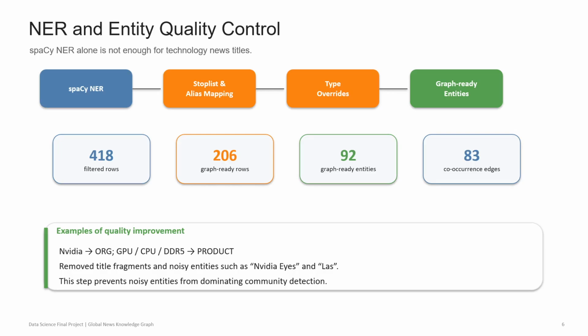After filtering, we generate graph-ready entities. The final graph-ready dataset contains 206 entity mentions and 92 unique graph-ready entities. This step is very important because noisy entities will directly affect the quality of the graph and the community detection results.